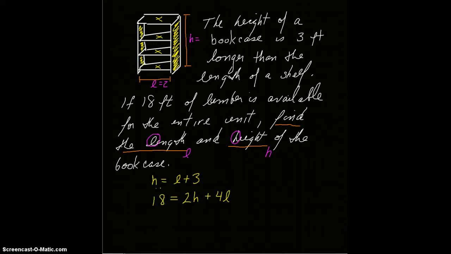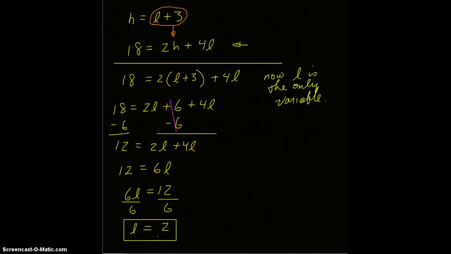H was equal to L plus 3. So I'll go back to where I was working this equation. L is equal to 2, and I know that H is equal to L plus 3, or H is equal to 2 plus 3, or H is equal to 5. Alright, so H is equal to 5.